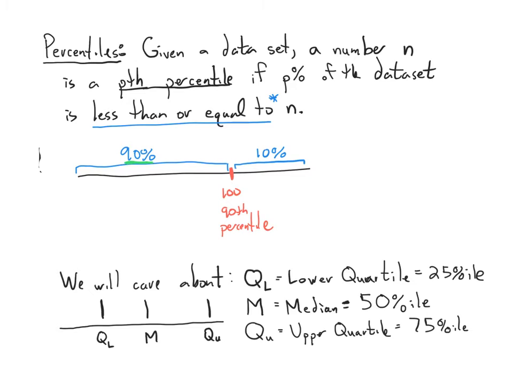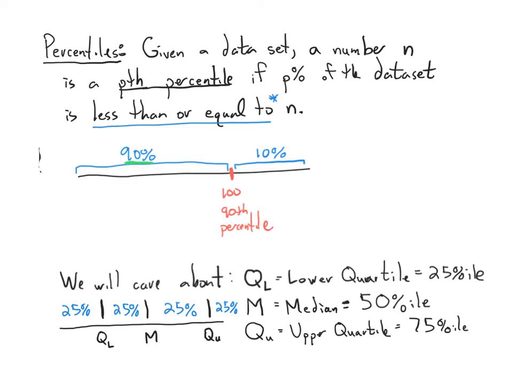And in each section, we're going to have 25% of our data. That's why they're called quartiles, because they're the places that break up your data into 25% chunks. So we get a quarter of the data in each section: below the lower quartile, between the lower quartile and the median, between the median and the upper quartile, and above the upper quartile.